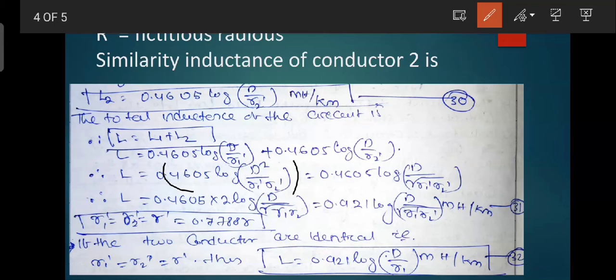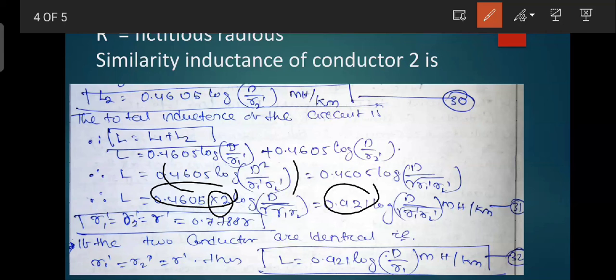So 2 is multiplied, and log d divided by root of r1 dash r2 dash, and this is equal to 0.921. By multiplying this, we get 0.921 log d divided by root of r1 dash into r2 dash millihenry per kilometer.